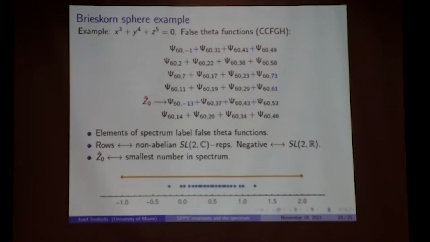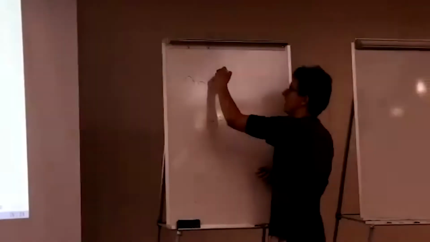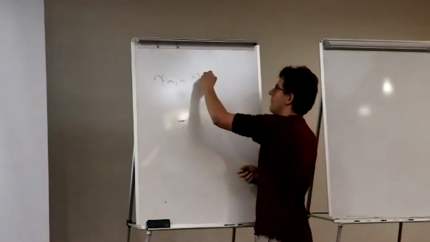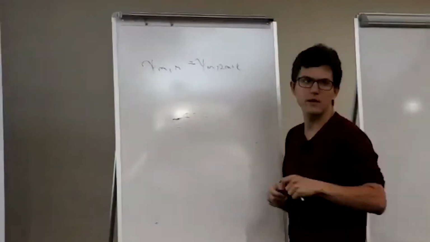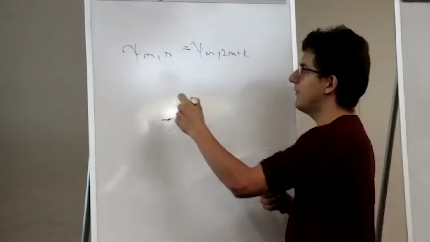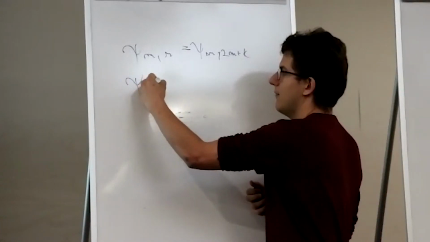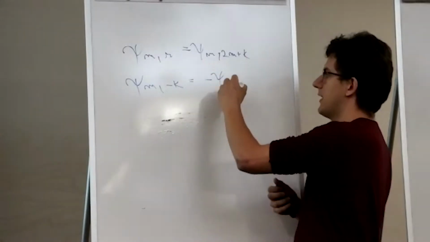If you take m and some k, then it's the same thing as if you would take m and 2m plus k. So they're periodic by 2m. And also if you take m and minus k, then you have minus psi of m.